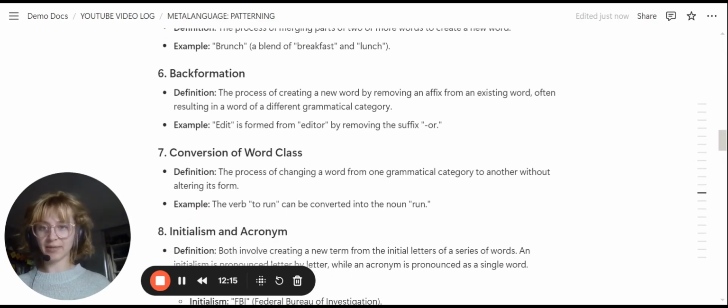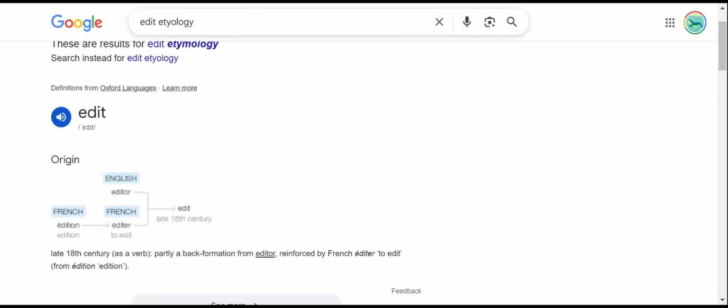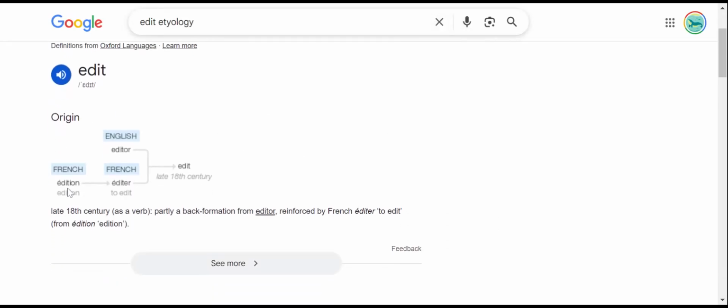So edit is apparently formed from editor by removing the suffix or. And can confirm, because I've just straight up Googled edit etymology, and it comes from addition and then editor and then taken out the or suffix to create edit. So that's back formation.